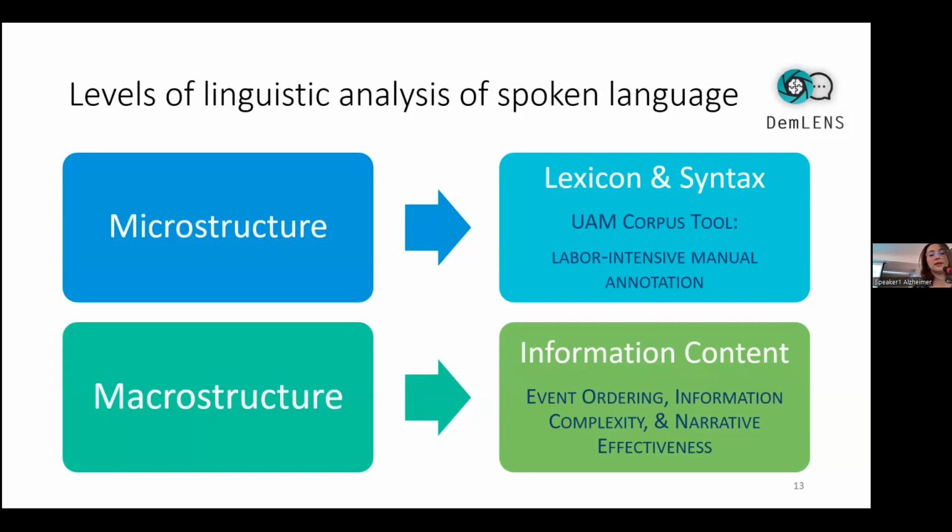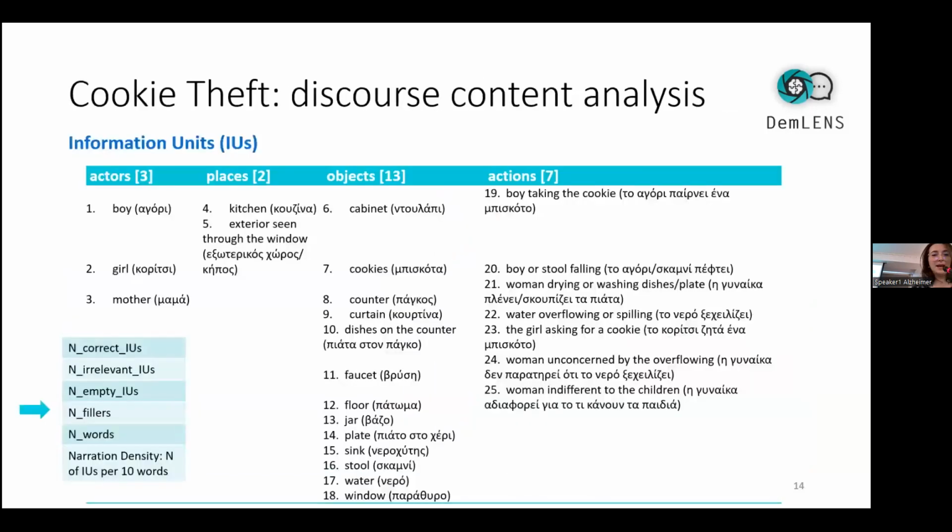And the second level is that of macrostructure, where we're examining the manipulation of information content, so narrative effectiveness and information complexity. Today, I'm going to refer just to microstructure because otherwise I would need several hours to explain the macrostructure findings. Let's start with the Cookie Theft, single picture description.